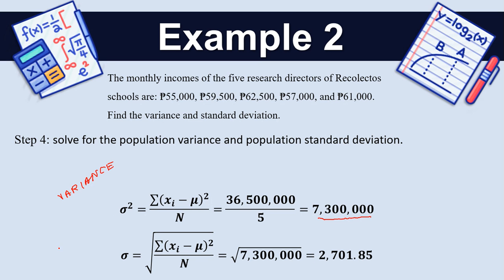Okay, so the square root of 7,300,000 will be 2,701.85. Pa-double check po ulit mga anak if we have the same answer. Okay. So, yan po yung pagkuha ng standard deviation and then ng variance.